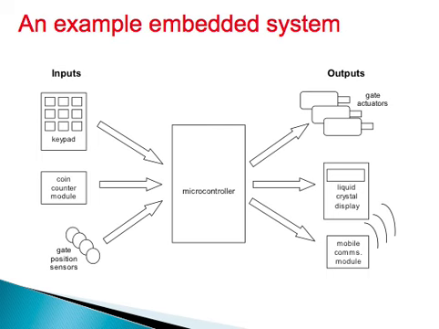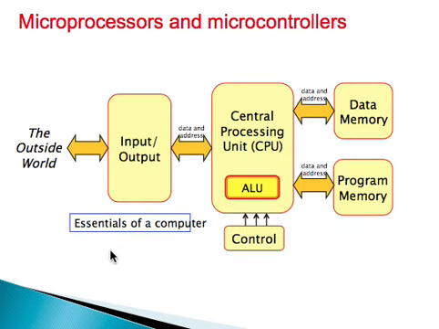If you go a bit further and look at this one, it's a microprocessor and microcontroller. On the left hand side, you've got the outside world. This is the interface to the outside world, where the microprocessor or computer has input and output.